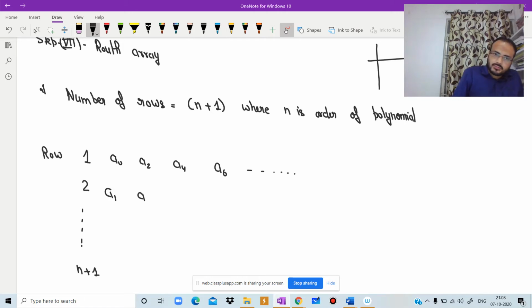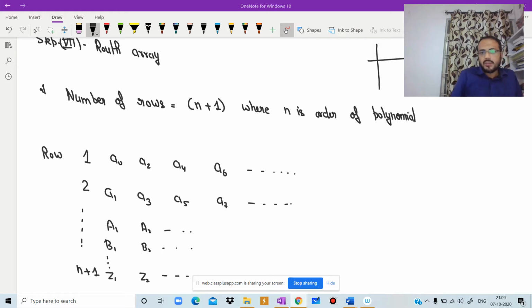A1, A3, A5, A7, up to and so on. You will get all these things directly from the polynomial. But the remaining elements you need to calculate. Assume it is A1, A2, and so on, B1, B2, and so on, and here Z1, Z2, and so on. Is it clear up to this?